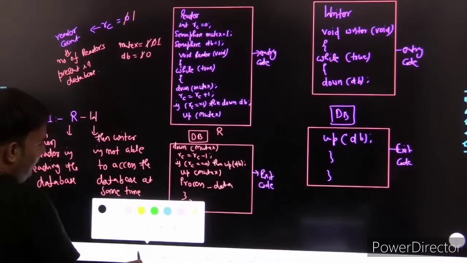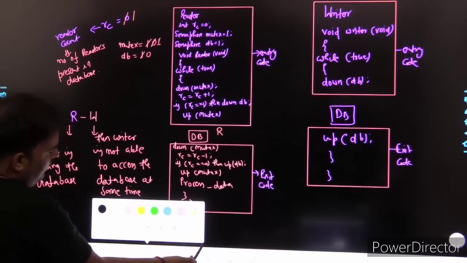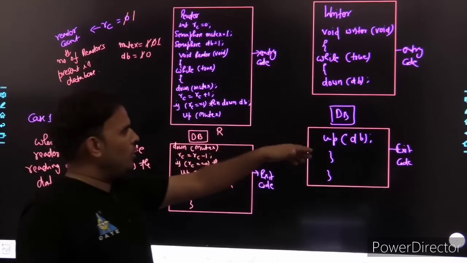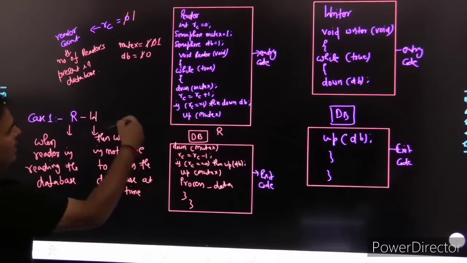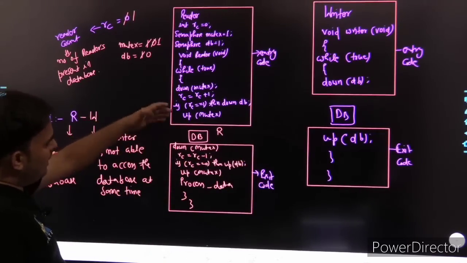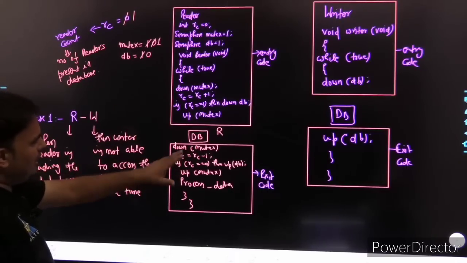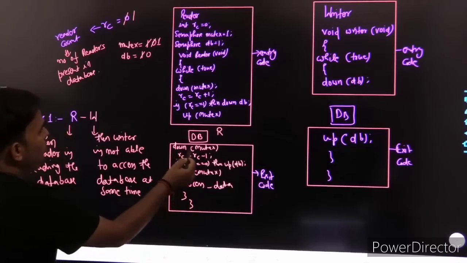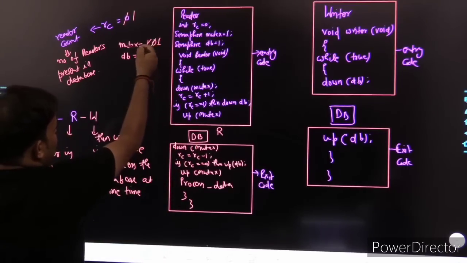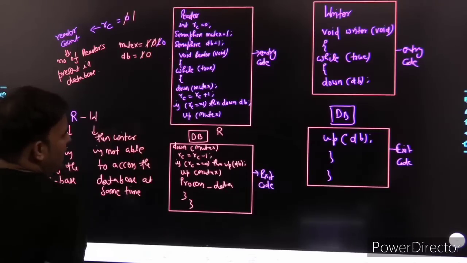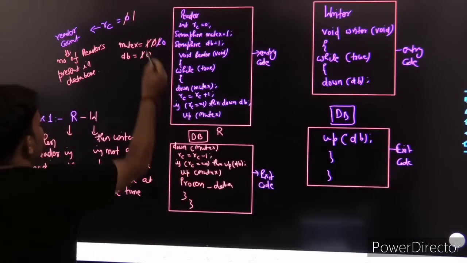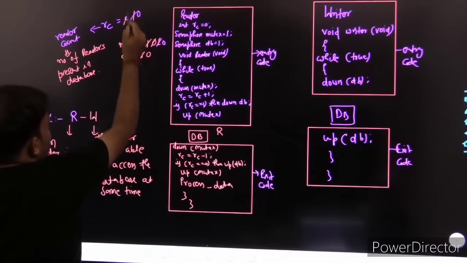Okay, let's see when the reader comes out of the database, whether the writer can go or not. When the reader wants to exit, to leave the database, it will execute this code. Down of mutex, it will become from 1 to 0. RC = RC - 1, 1 minus 1, it will become 0.